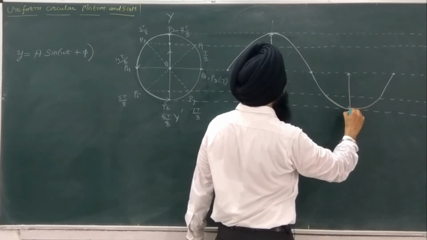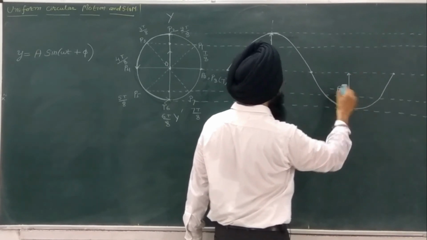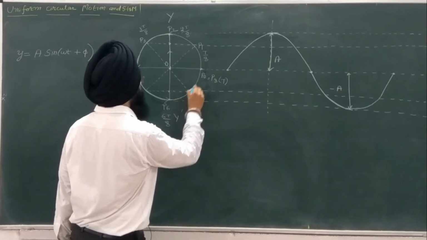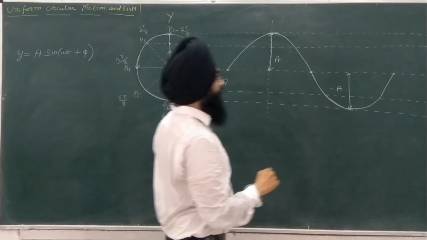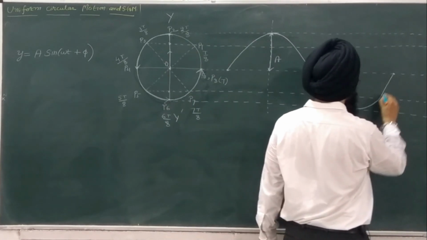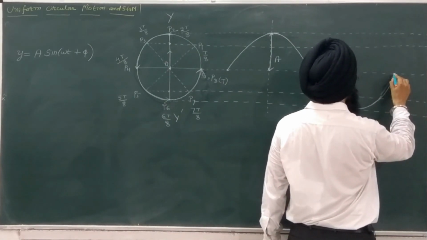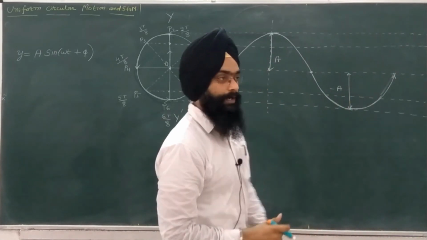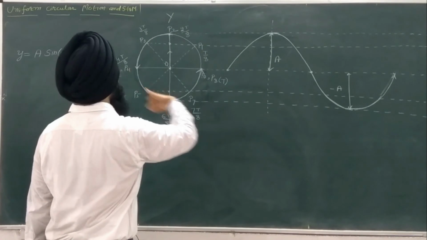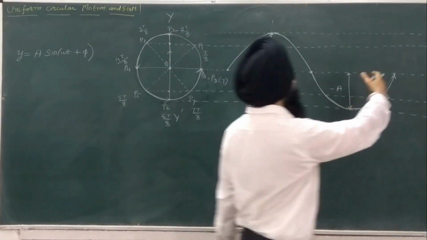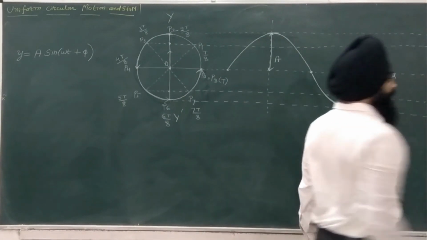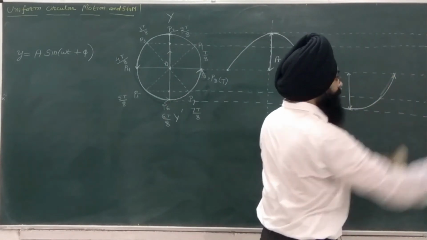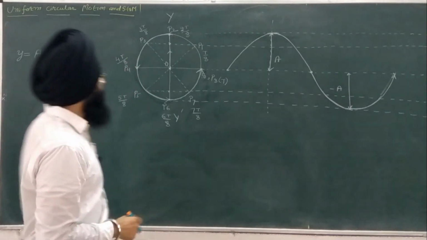This position is again towards the negative A direction. So from here to here, the motion is represented by this displacement. So it gives the complete sinusoidal wave. As the particle takes the second circle here, again this curve will be plotted like this. So one complete cycle will repeat itself a number of times.